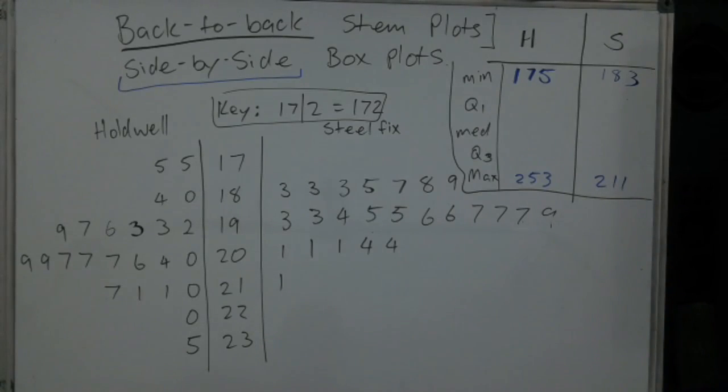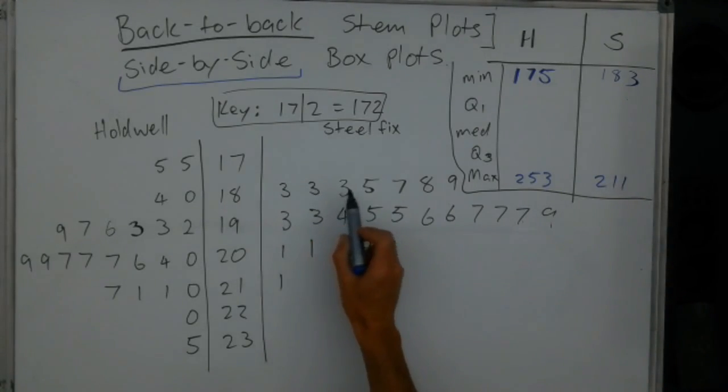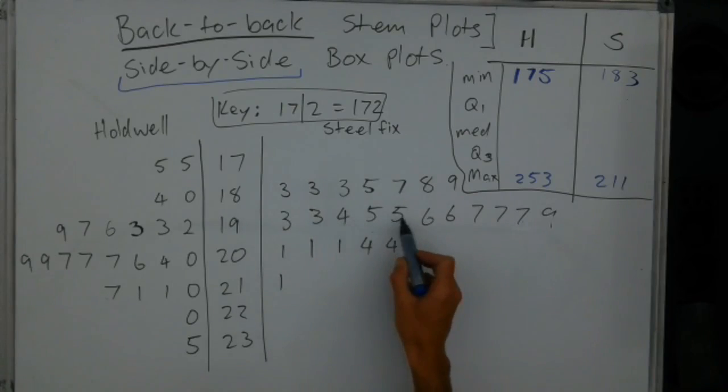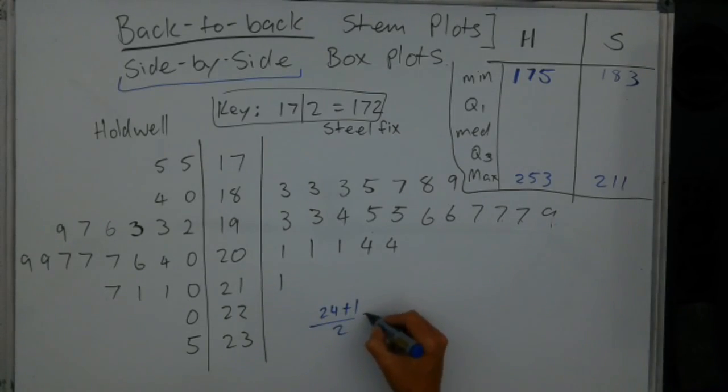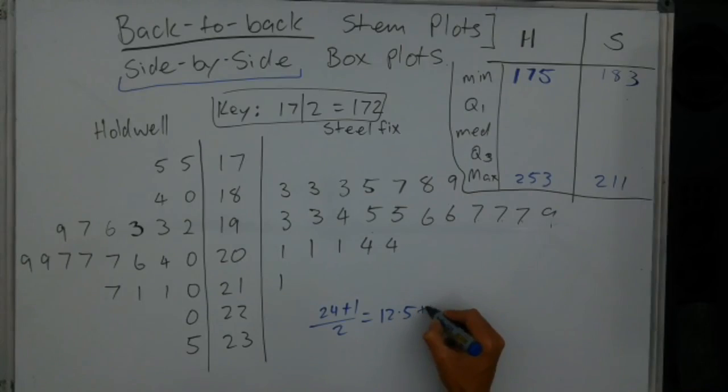So what did I say? We had 24 bits of data. 24 equals the 12.5th position, so it's going to be the mean average of the 12th and 13th bit of data for both.